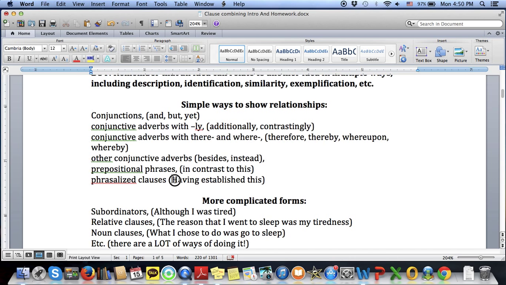If I just look at this, having established this, there's no subject here. And the verb is not really bound by time or by subject. So that's what happens when we take a clause and turn it into a phrase. That's a phrasalized clause.